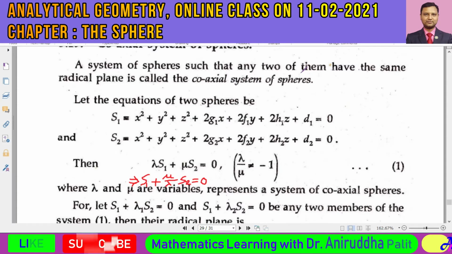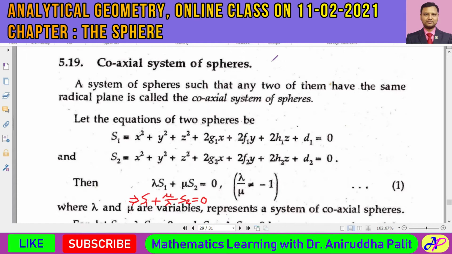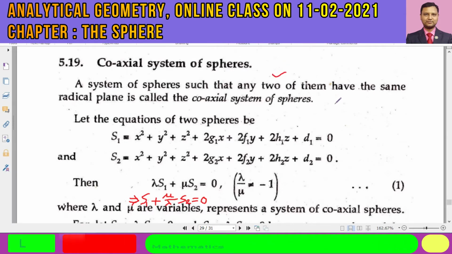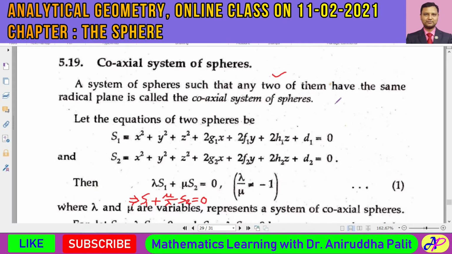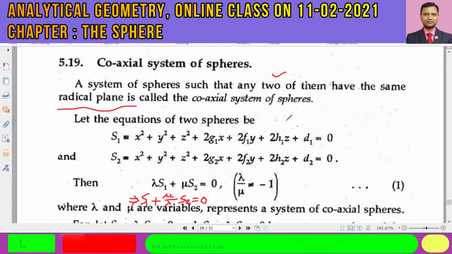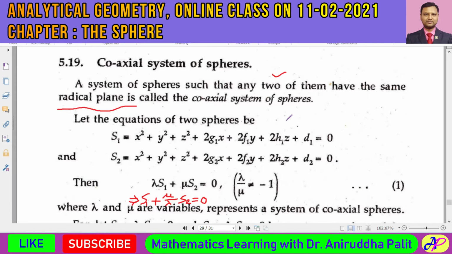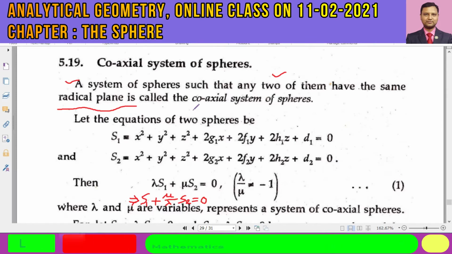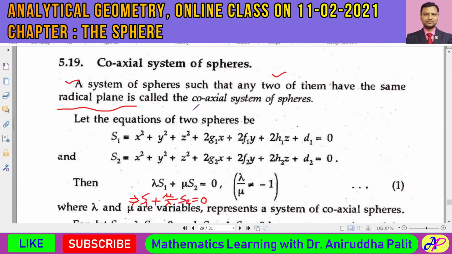Now, this system of spheres is said to be coaxial whenever, if you consider any two spheres from this system of spheres, then the radical plane of these two spheres must be the same. So a system of spheres such that any two of them have the same radical plane is called a coaxial system of spheres.